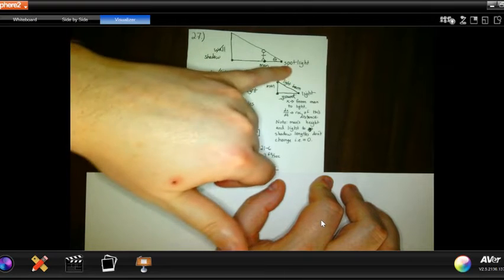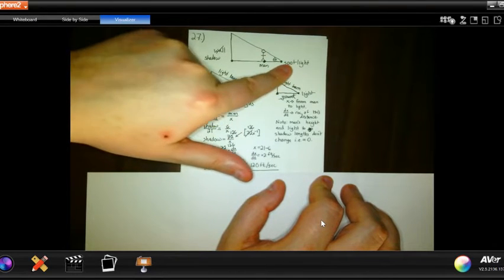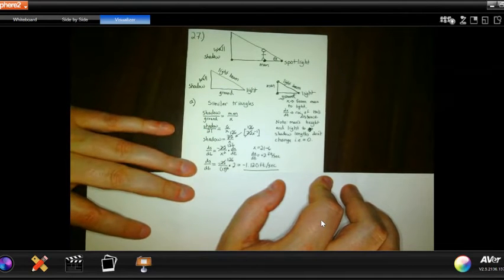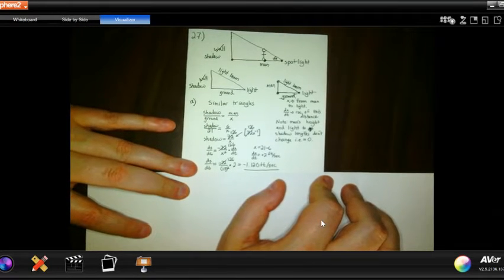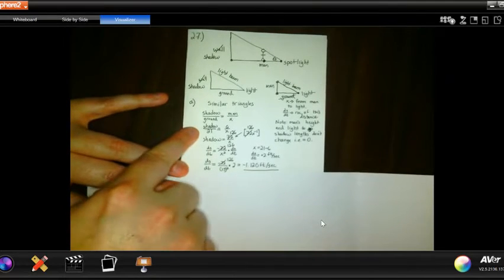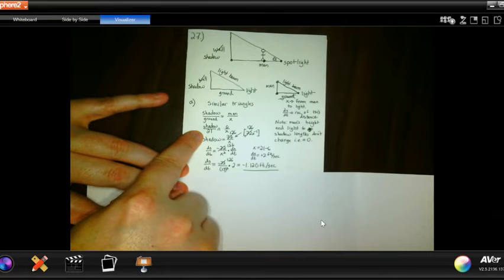The spotlight is fixed, and the man's height is fixed, and since the spotlight is fixed, it's not getting any closer to the wall. So those are both 0. All right. So we're talking about this relationship: the shadow, to the distance between the shadow and the light, 21.